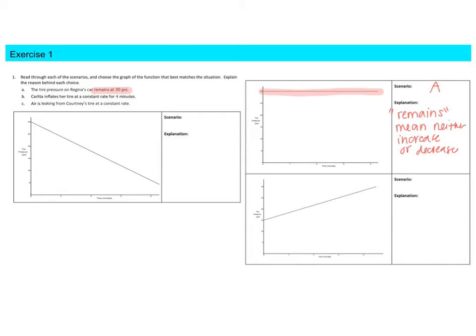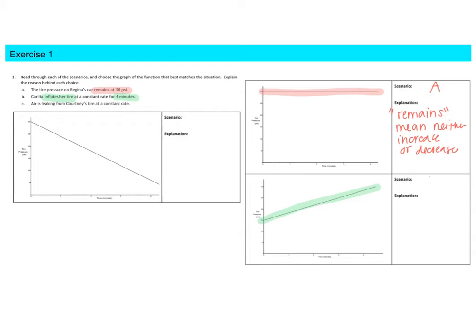All right, moving on to the next one. It says Carlita inflates her tire at a constant rate for 4 minutes. So if it's being inflated, then we are getting more pressure in this tire as time goes on. So we are increasing for our rate, so it's going to be a positive slope.